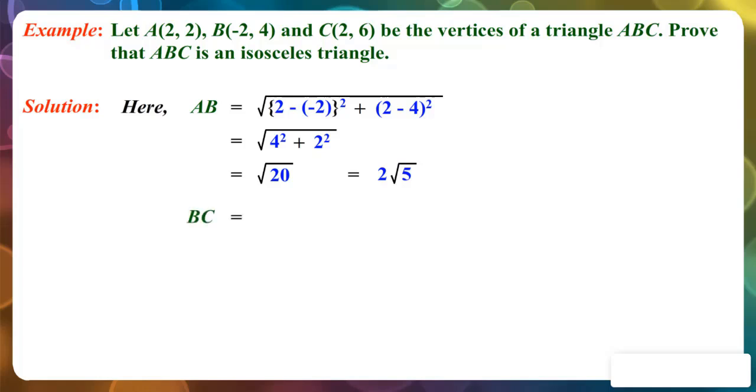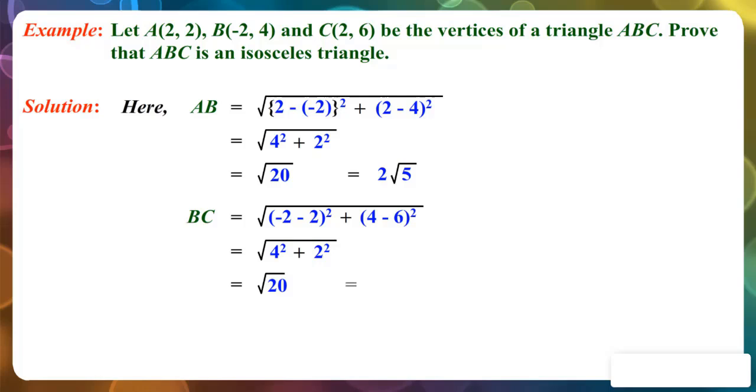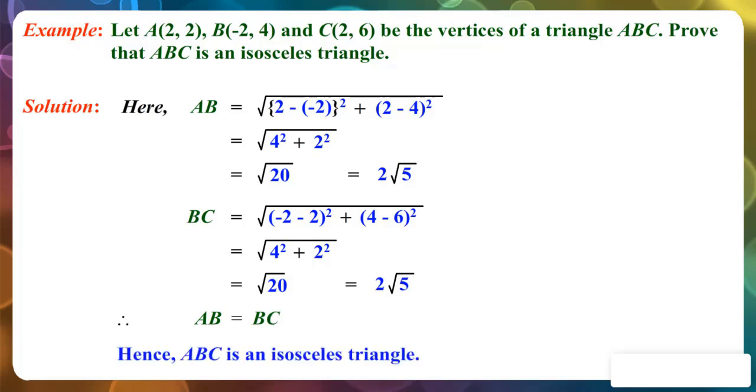And BC is equal to the square root of (minus 2) whole square plus (4 minus 6) whole square, which is equal to the square root of 4 square plus 2 square, which is equal to the square root of 20, which is equal to 2 root 5. Therefore, AB is equal to BC, hence ABC is an isosceles triangle.